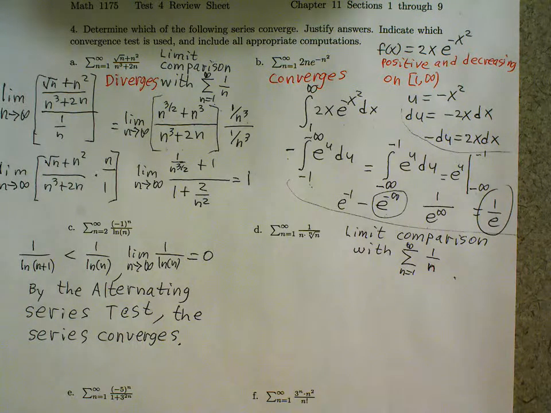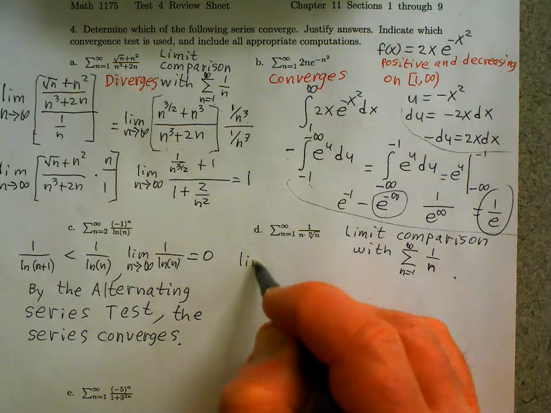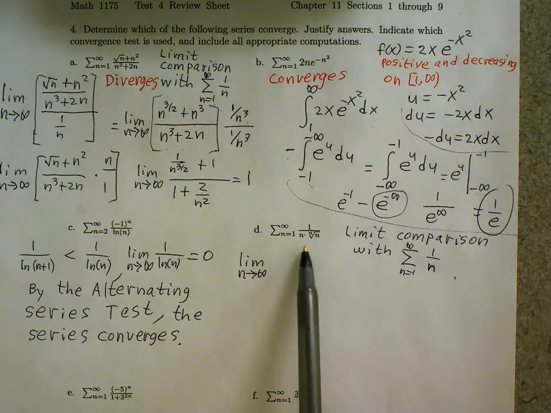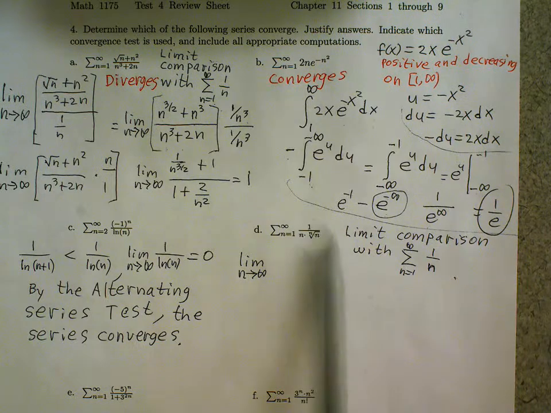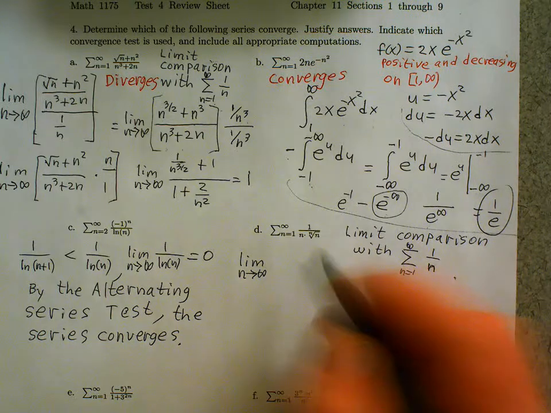So if that doesn't work, we'll try something else. Okay, so we take the limit as n approaches infinity of the ratio of the terms from the two sequences.